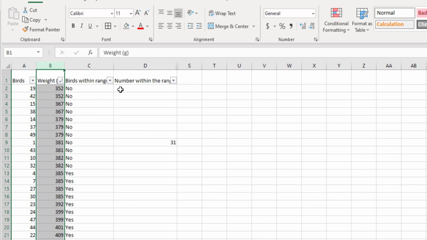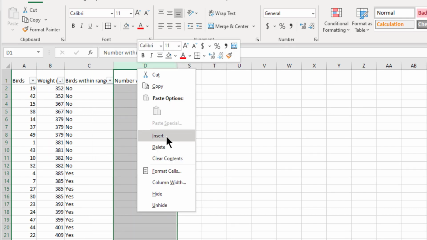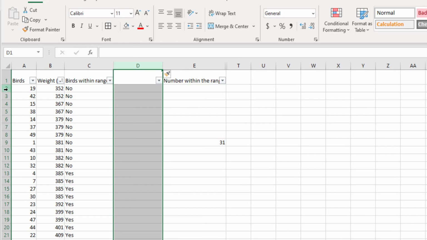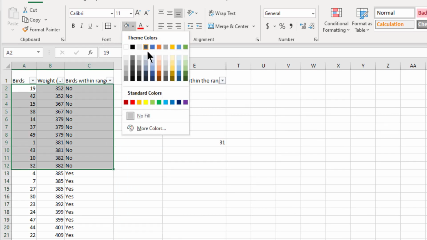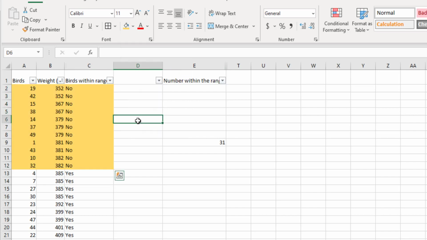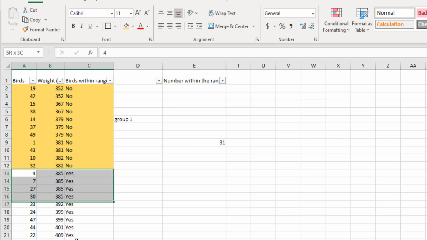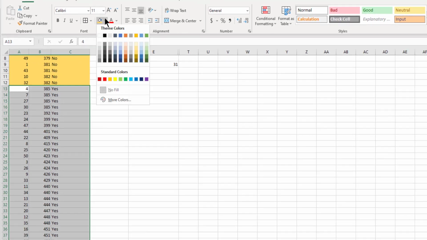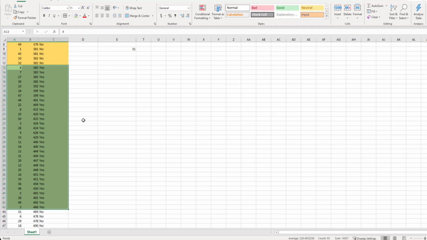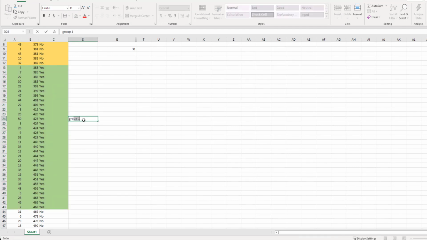So in this example, birds from row 2 to row 12 are in group 1, so you have to house them in a separate pen. I am using yellow highlighter for that. Birds from row 13 to row 43 are called average birds, which will fall in group 2, so you have to house them in a separate pen.